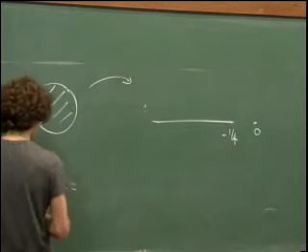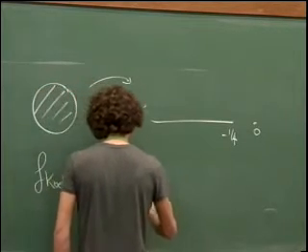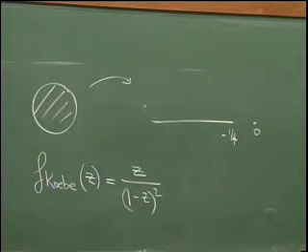And you will see that it's an important one, which is z over (1 minus z) squared. So this function, as an exercise, you can try to check that it sends the disk to this slit domain.